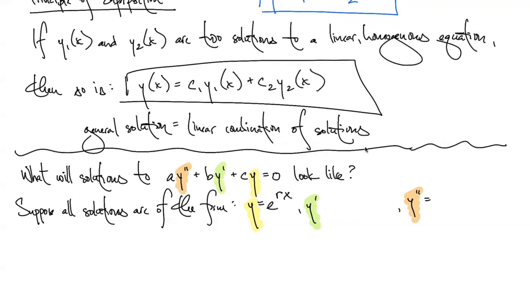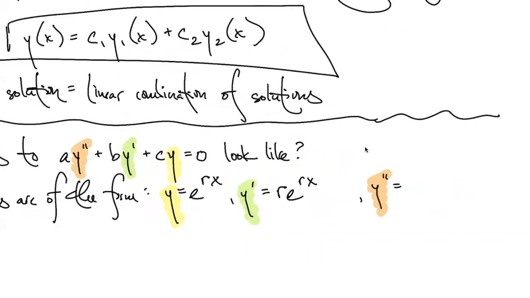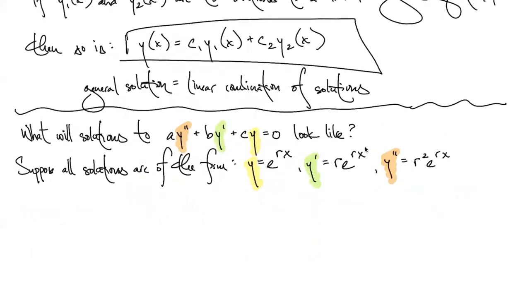So we take our first derivative here, and we need to remember to use the chain rule. We'll get r e to the rx. Then we take one more derivative and we'll end up with r squared e to the rx. So we've got our y prime and y double prime.